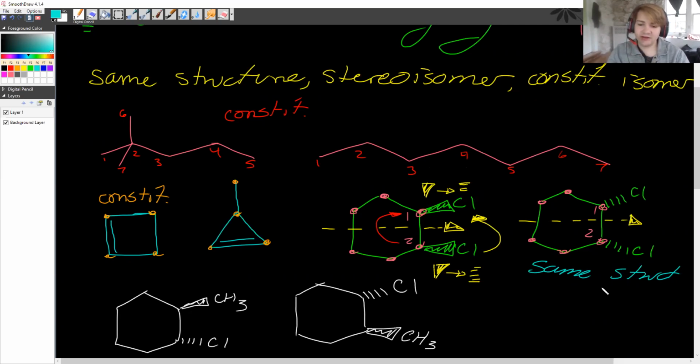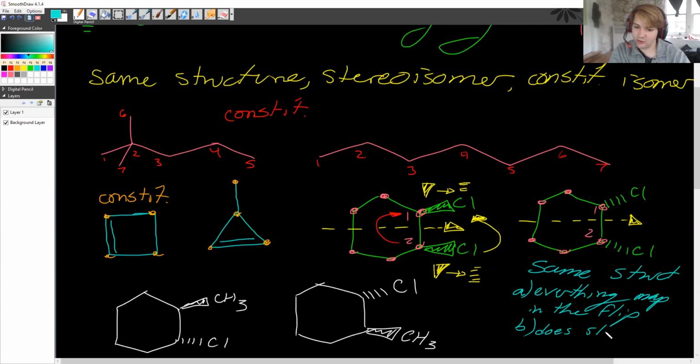So whenever you see a same structure, what I want you to think to yourself is, A, does everything map in the flip? And B, does the stereochemistry, or the wedging and dashing, match?